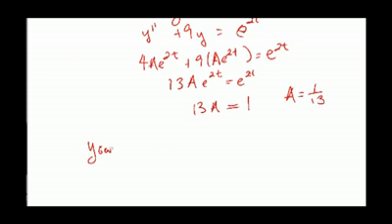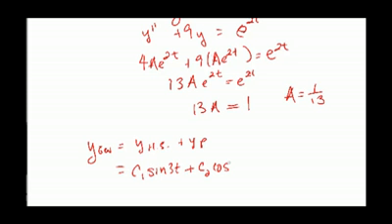So then your final solution to this example would be y general equals y homogeneous plus y particular. So it's going to be c1 sine 3t plus c2 cosine 3t, and then plus 1/13 e to the 2t.